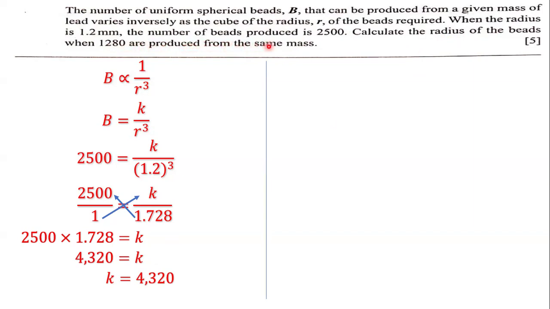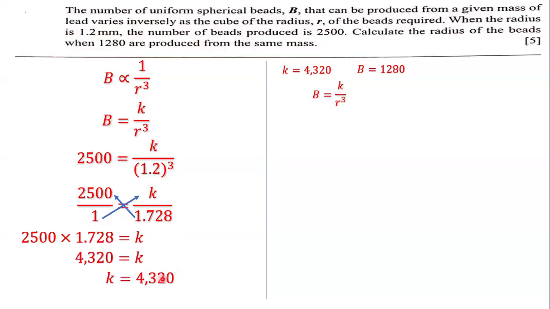We know that K is equal to 4,320 and that the number of beads is 1,280. We use the same equation because B is inversely proportional to the radius cubed, which means there exists a K such that B is equal to K all over R cubed.